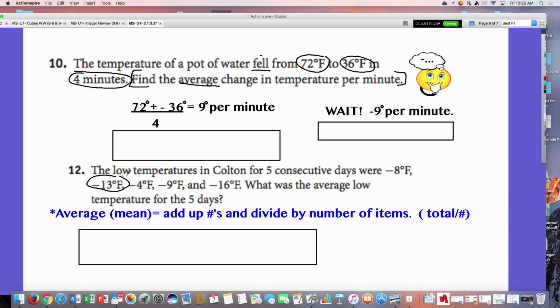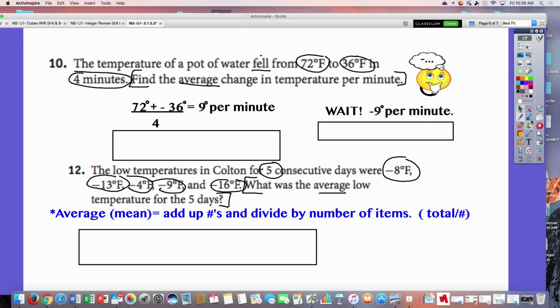I got -13, -4, -9, -16, -8. And those are the 5 temperatures. This is 5 days. They want to know what was the average. That's important for 5 days. The average means you add up the numbers and divide by the number of items, or the total divided by the number. When I say bacon, see if you can figure that one out.